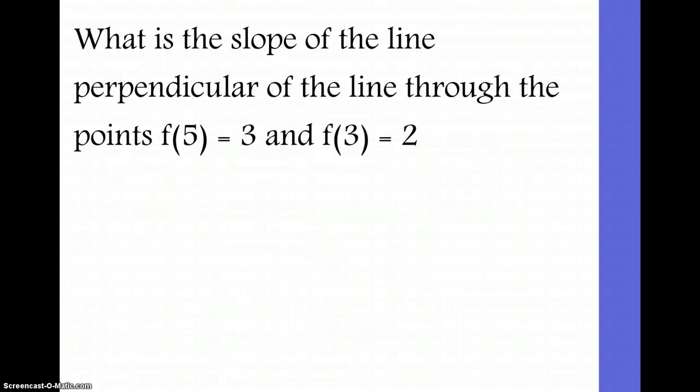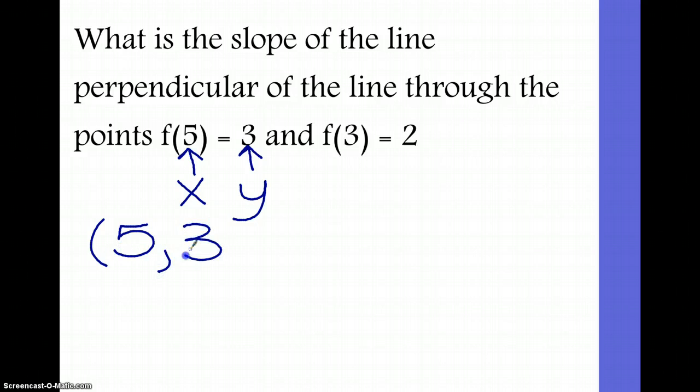What is the slope of a line perpendicular to the line through the points f(5) equals 3, f(3) equals 2? Well, if you remember, the number inside is your x. The number on the outside is y. So what we're given here is really x comma y.